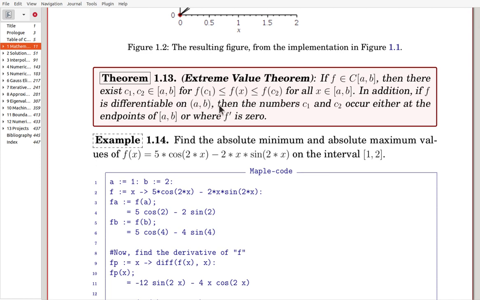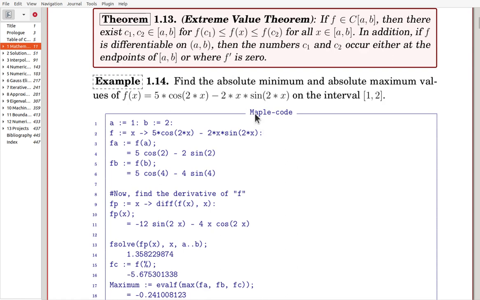That means f has a minimum and maximum value over the closed interval. In addition, if f is differentiable, then c1, c2 occur either at the endpoints of [a, b] or where f prime is 0. Such points are called critical points.